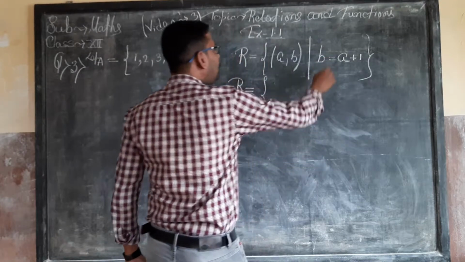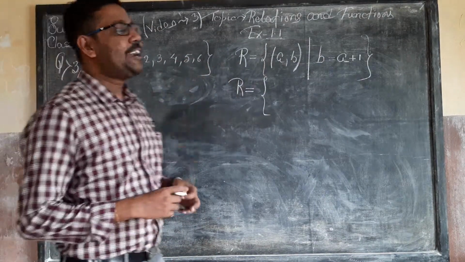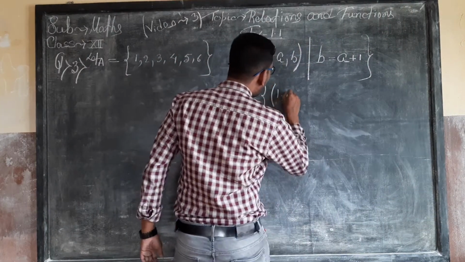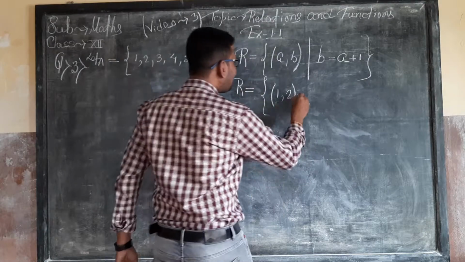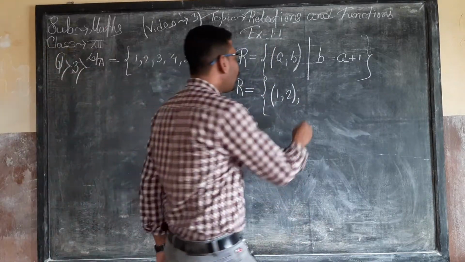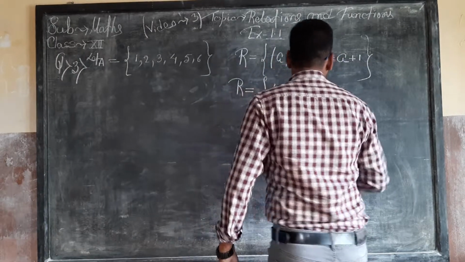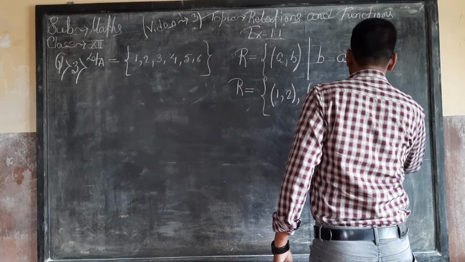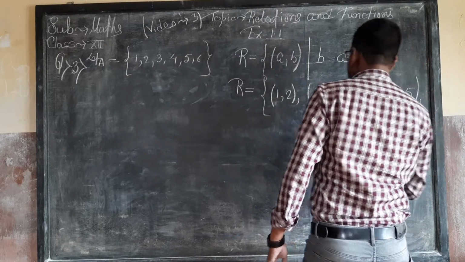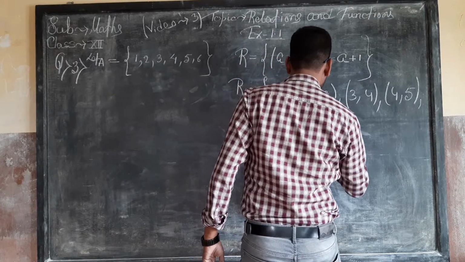If you put a is equal to 1, then we get the value of b is 2. So that means (1, 2) is our first ordered pair. Second one, similarly, if you put a is equal to 2, then we get b is 3. After that, (3, 4), (4, 5) and (5, 6).